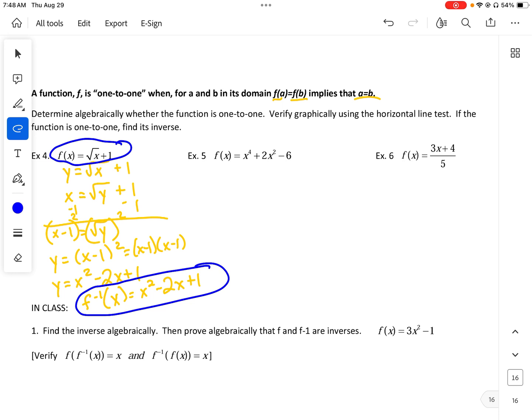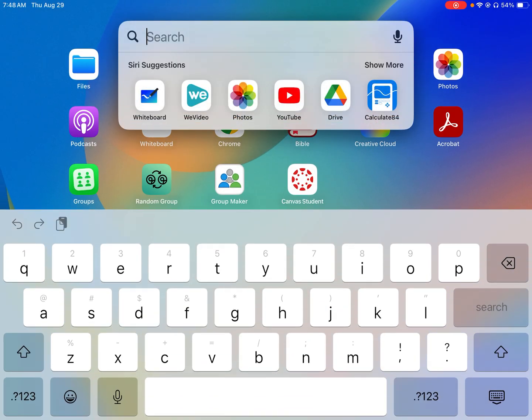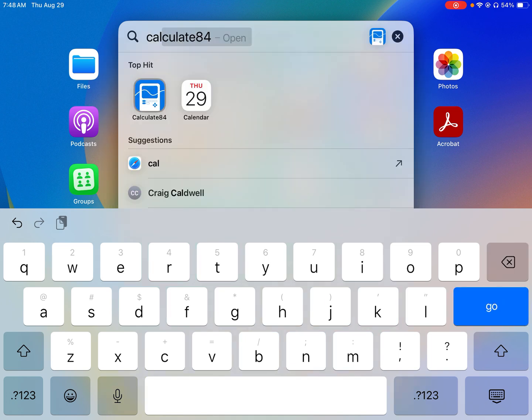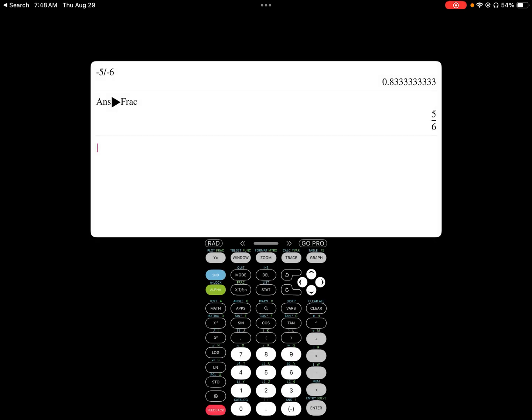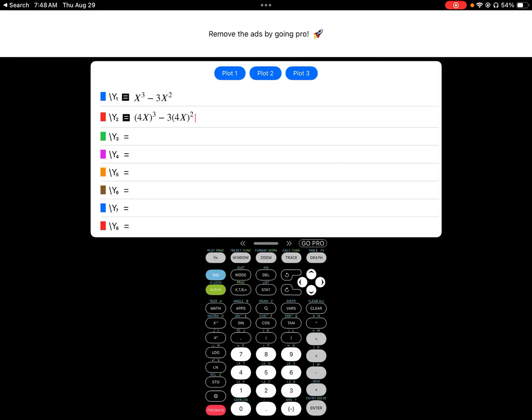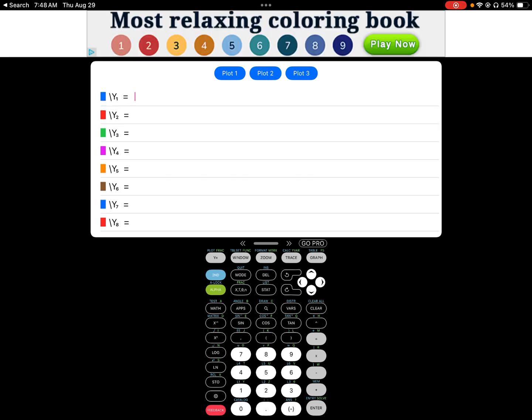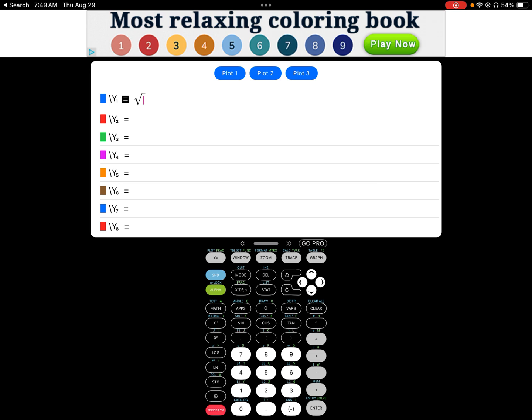So what I'm going to do is put it into the calculator. So I'm going to go to y equals. I'm going to clear out what's in here. And I'm going to put in the original, square root of x plus 1.